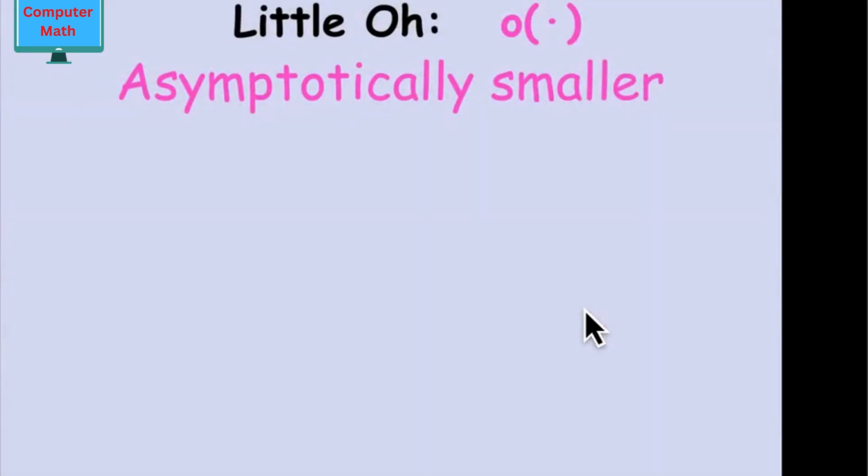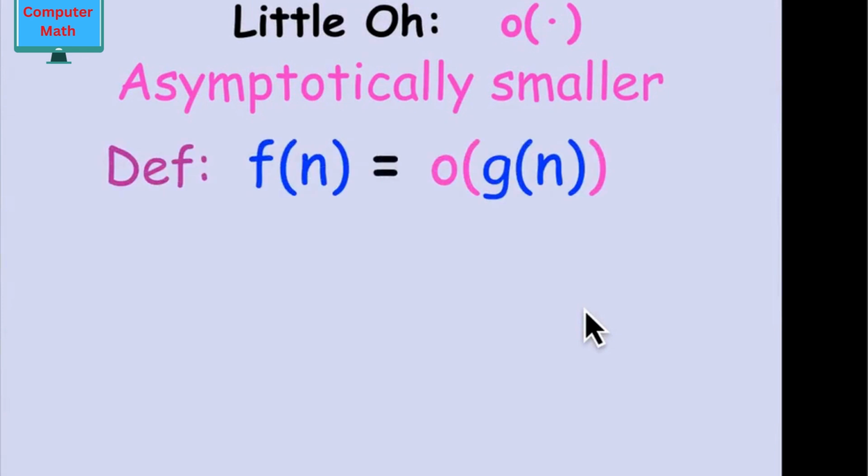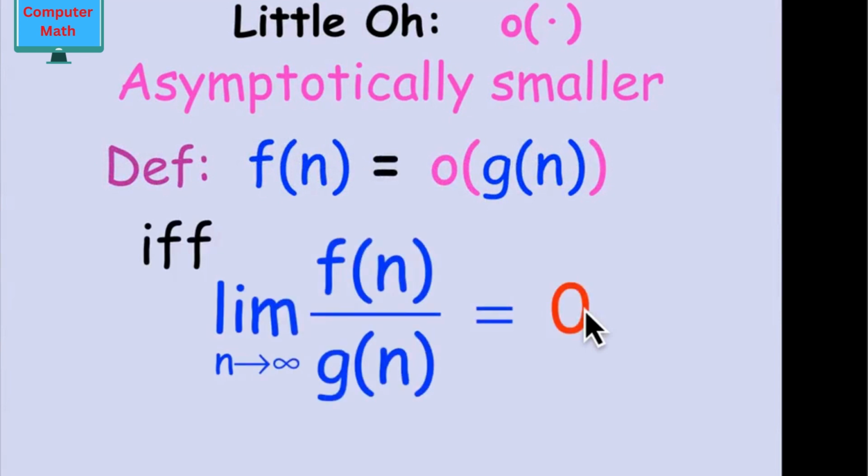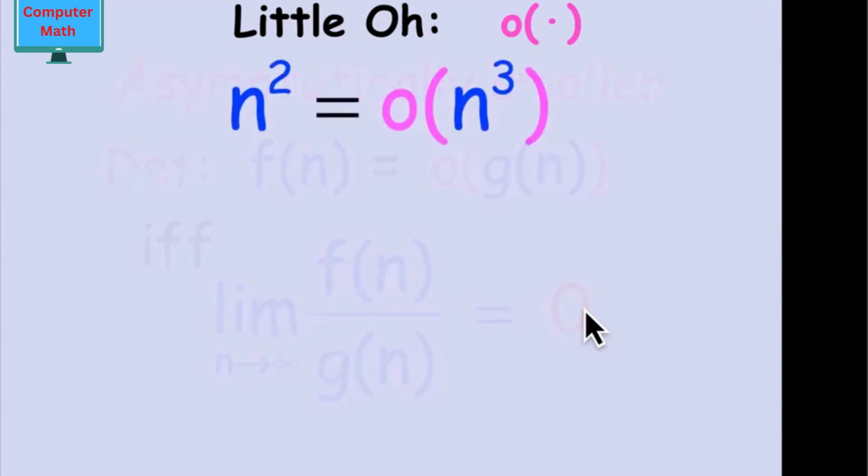Okay, the next asymptotic relation we're going to look at is called asymptotically smaller than, and the notation for it is this little o notation. So you'd write that f of n is equal to little o of g of n if and only if the limit of f of n over g of n goes to 0 as n approaches infinity.